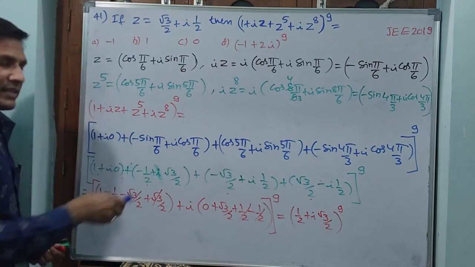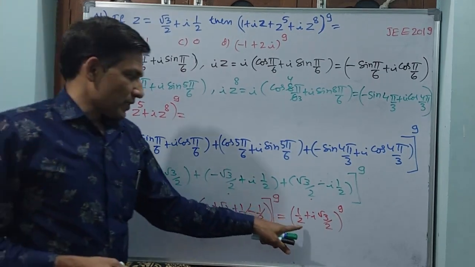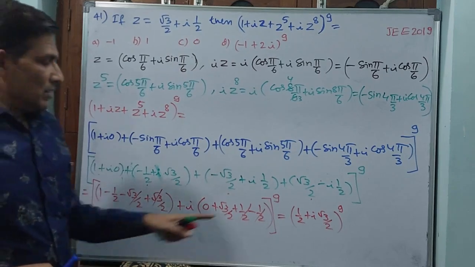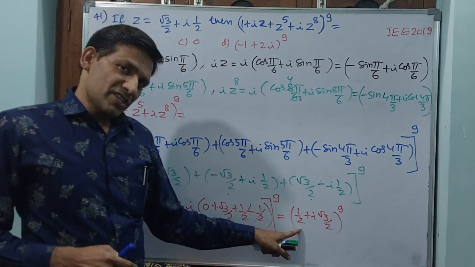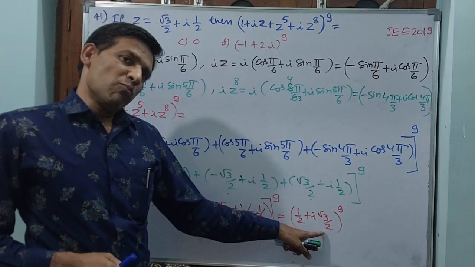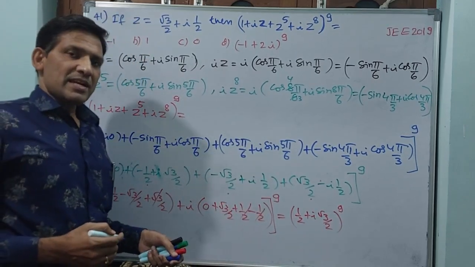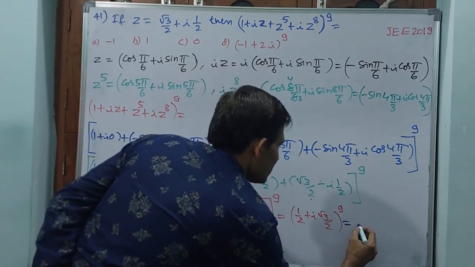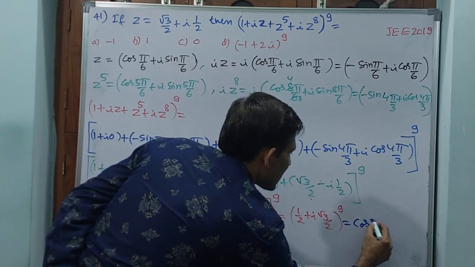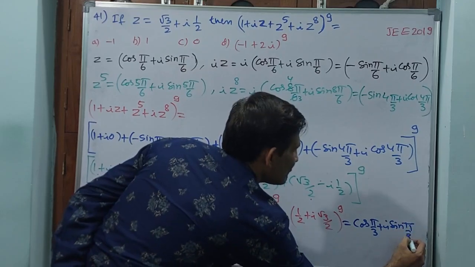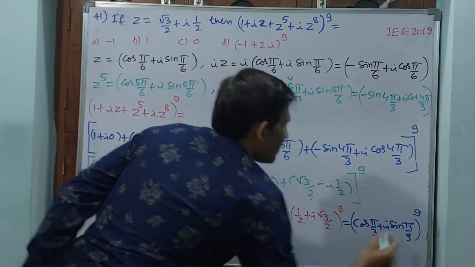Before applying that 9, you have to convert it into cis form. Cos 60, sin 60, both are positive, that means cos pi by 3, sin pi by 3. That is equal to cos pi by 3 plus i sin pi by 3, whole to the power of 9.